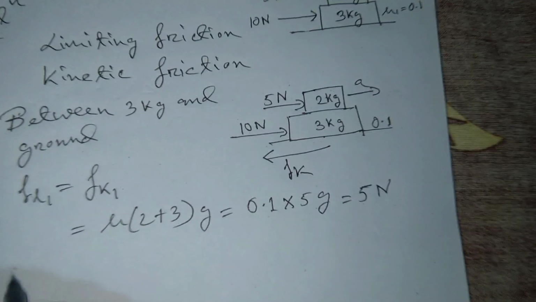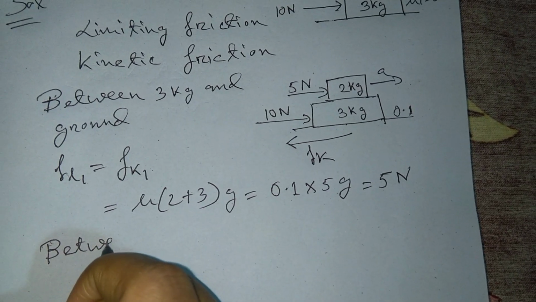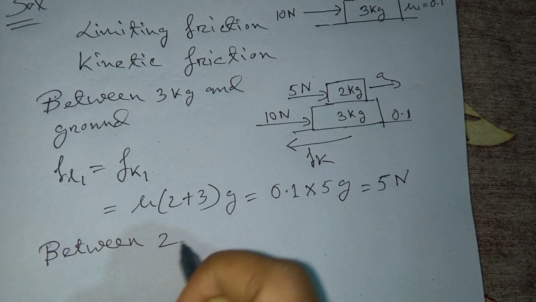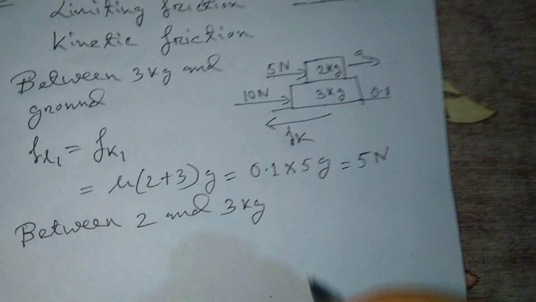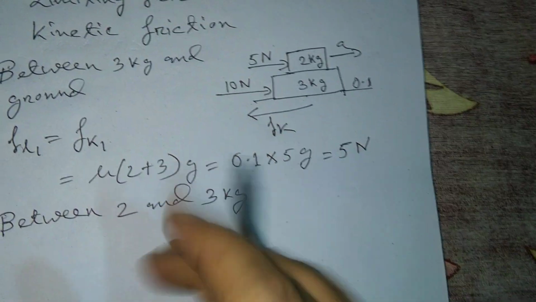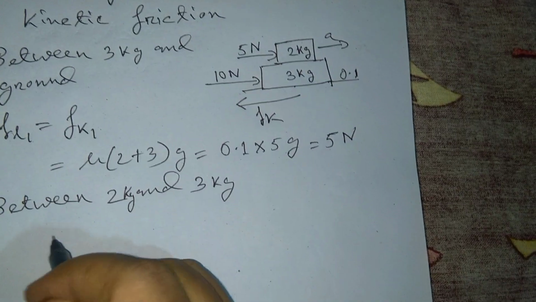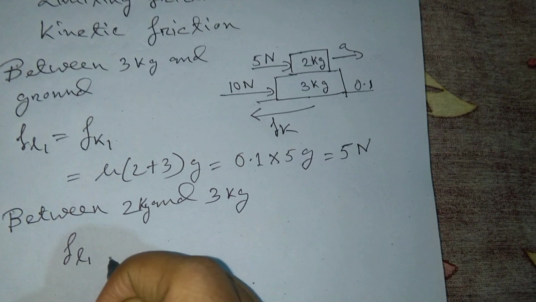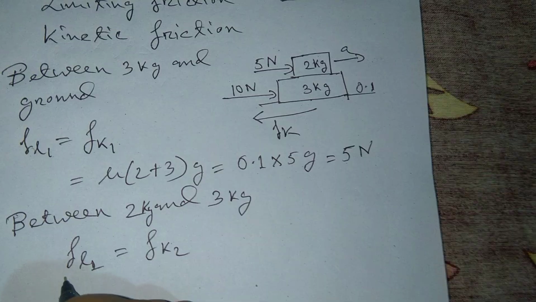And between the 2 kg and 3 kg, we get FL2 equal to Fk2, the frictional force.